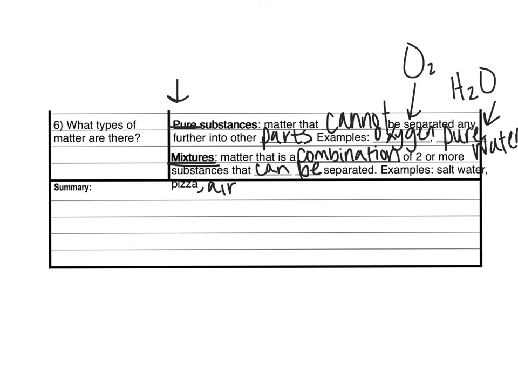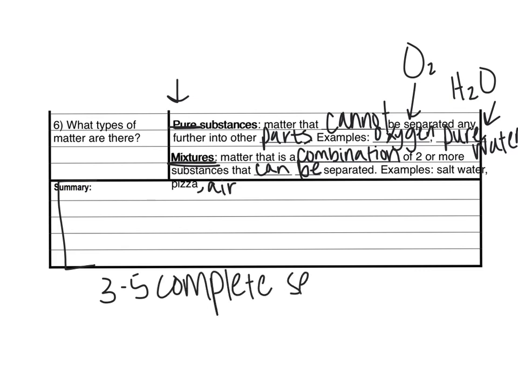Okay? If you are confused or if you want to go back and listen to this again, you can totally do that. After you read through it one more time, you need to write a summary. Your summary needs to be between 3 and 5 complete sentences. It needs to be in your own words.